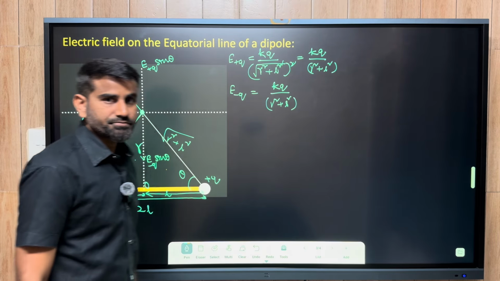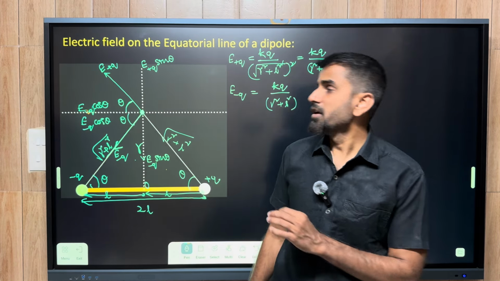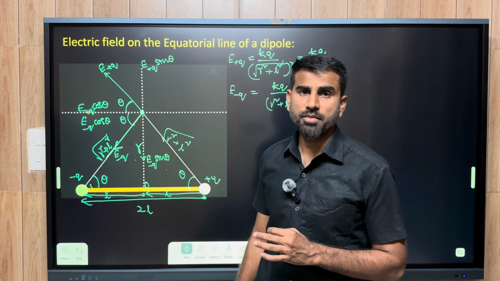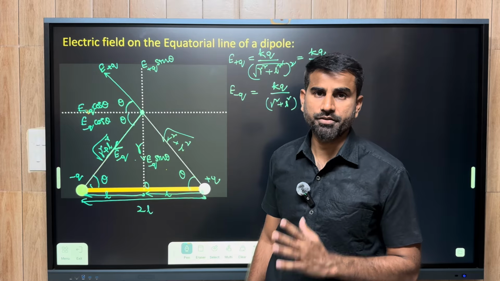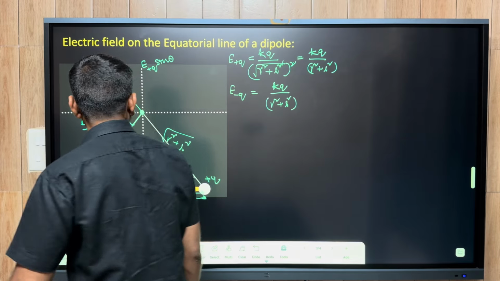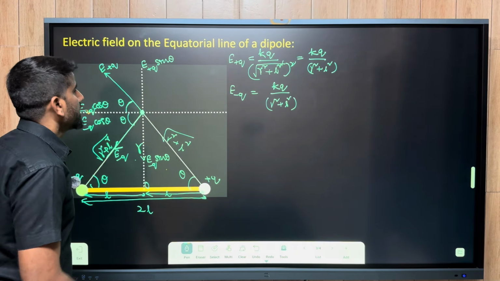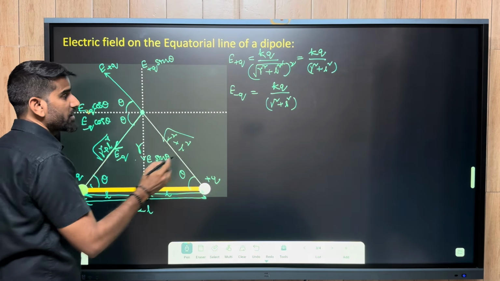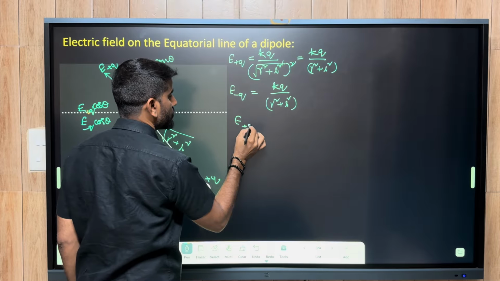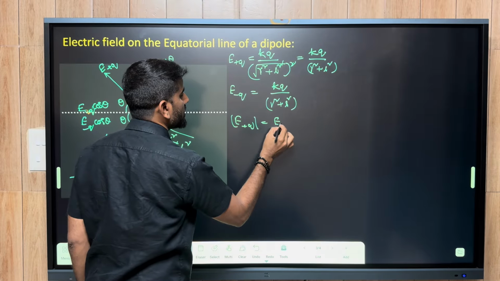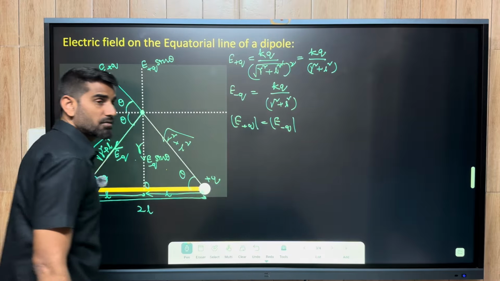Clear how I resolve the electric field vectors E plus Q and E minus Q into two components, right? Now when you look at this, E plus Q and E minus Q are of equal magnitude, right?